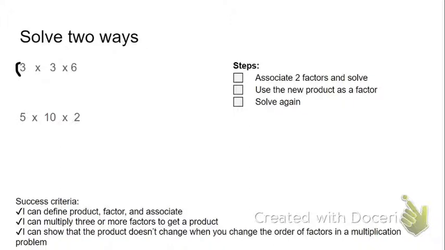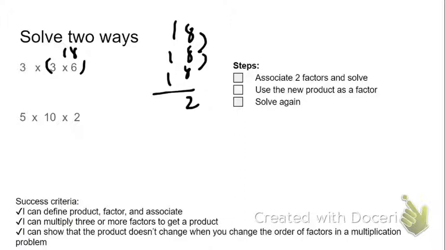Alright, so the first one, 3 times 3 times 6, that's 9 times 6. 9 times 6 is 54. And then 3 times 6 is 18, and 18 times 3, that's 18 plus 18 plus 18. 8 times 3 is 24. 2 plus 1 plus 1 plus 1 is 5, 54.